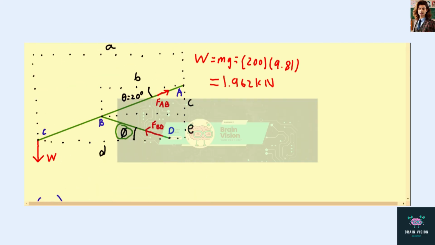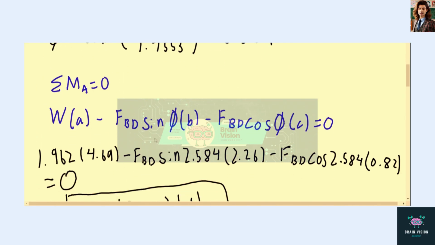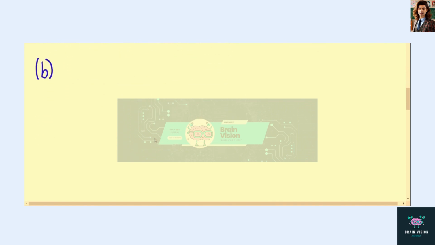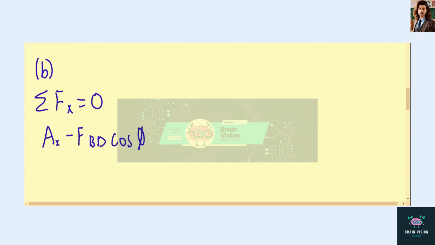So we know F of BD, and we're now going to solve for F of AB. To start, we can take the sum of forces in the x direction and set it equal to 0, which we can write as the x component of the force at point A minus the force BD times the cosine of phi is equal to 0.